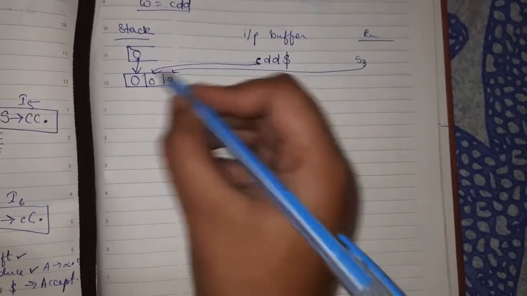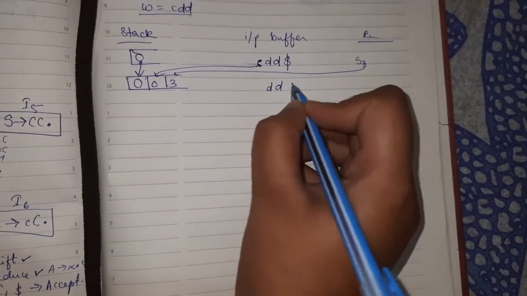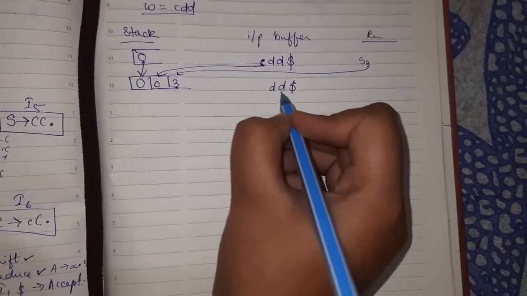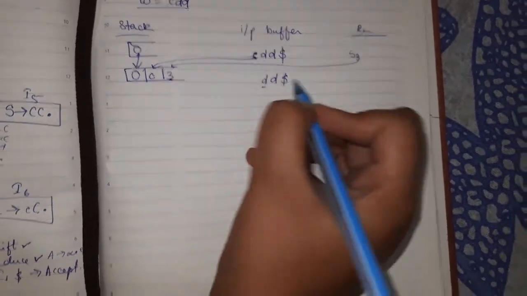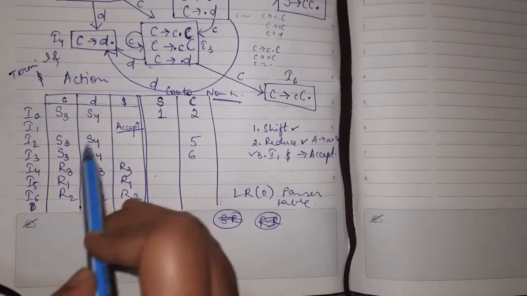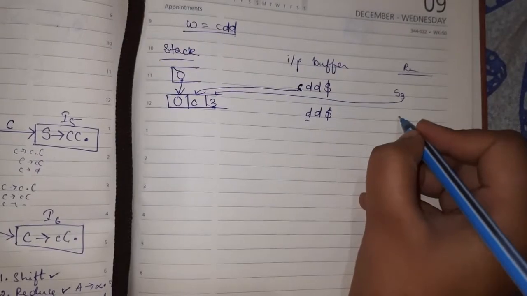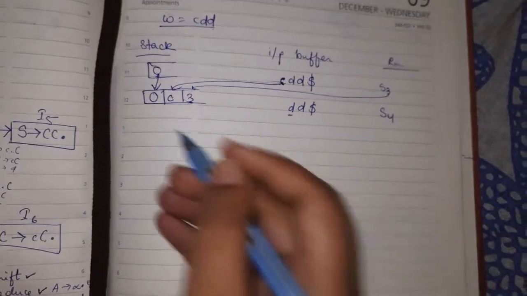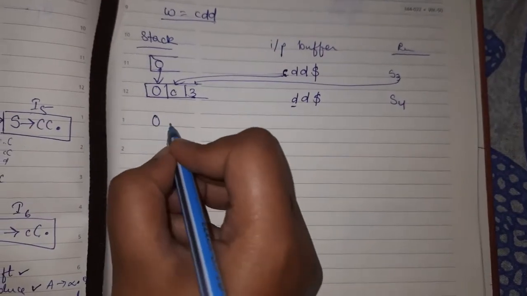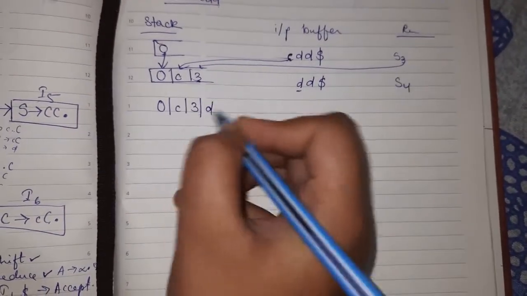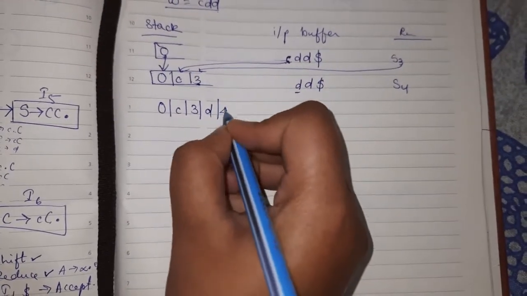Now after shifting here I am left with DD and dollar. So with I3 and D, what is the relation? I3 with D is S4. So here it is S4, means 0 will be there, C will be there, 3 will be there, D will be there, and 4 will be there.